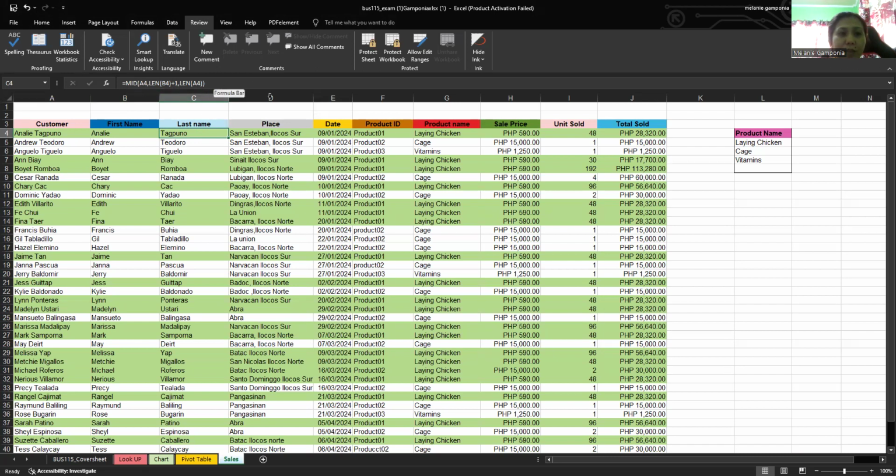This is a formula that I made, and after that I calculated the total sold for each product name. I used the SUM function to multiply the sale price by the units sold, which gives the total sold.